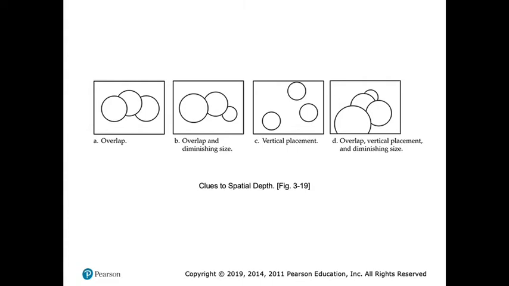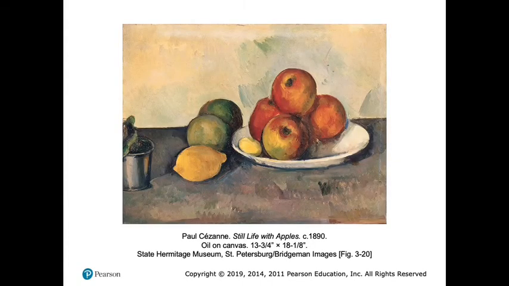One example that we have here is Paul Cézanne's artwork. You see that the pot on the left side is lower than everything, so it's the closest object that we have. We see that the lemon overlaps the two green fruits that I don't know what they are. Then the lemon and two fruits make some kind of depth and space for us.